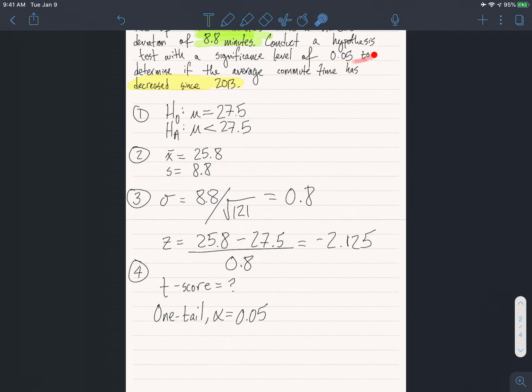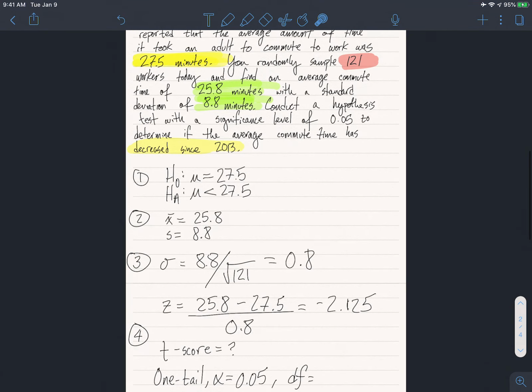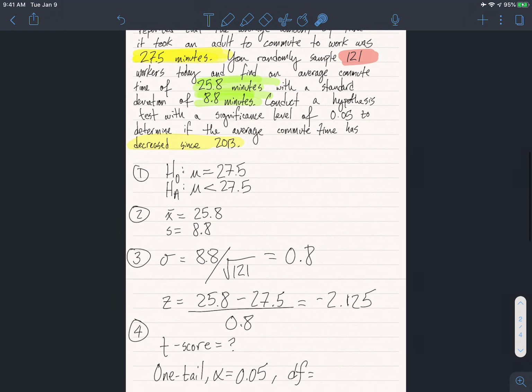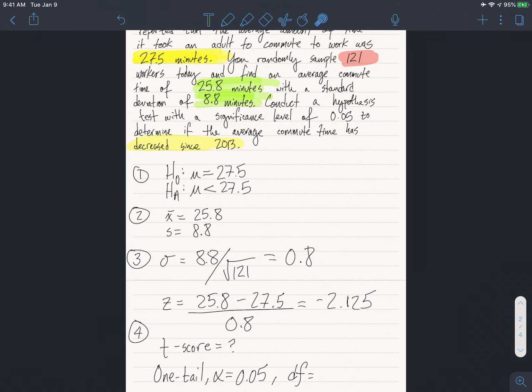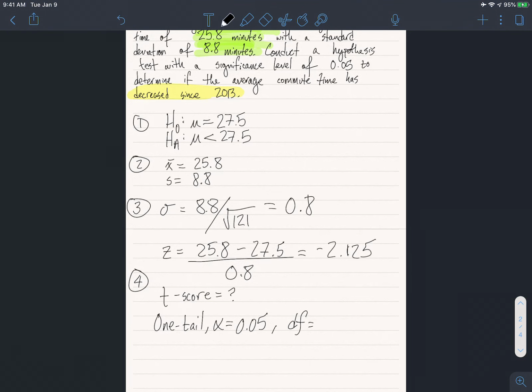That's also given in the problem. And even if it's not, you can always assume 0.05 because that's what I'm used to using. And what is our degrees of freedom? Just like with confidence intervals, degrees of freedom is 1 less than what was sampled. So it says we sampled 121 people, so our degrees of freedom is 120.